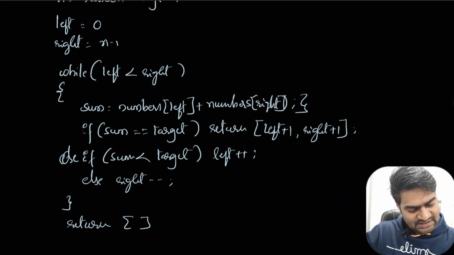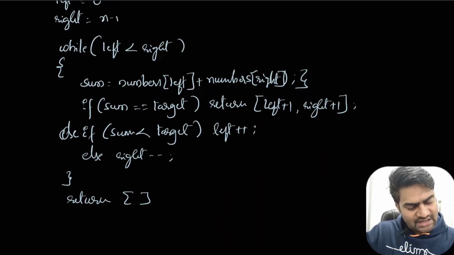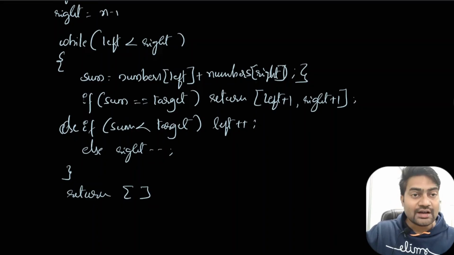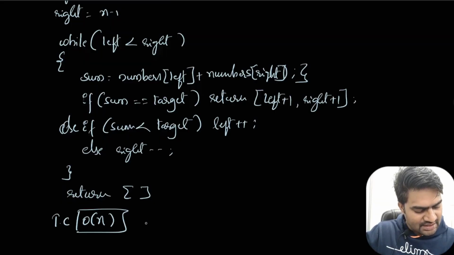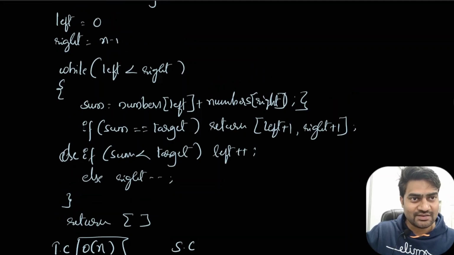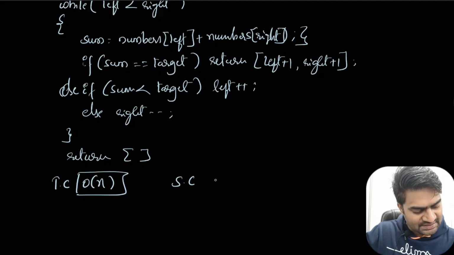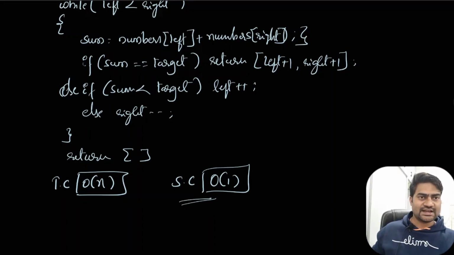Okay, so this is the pseudocode, and if you see, we are finding the pairs in one iteration. That is, our time complexity is of order n, and if you see the space complexity, we are not using the hash map now. So it is pretty much straightforward. So that's why our space complexity is of order 1.